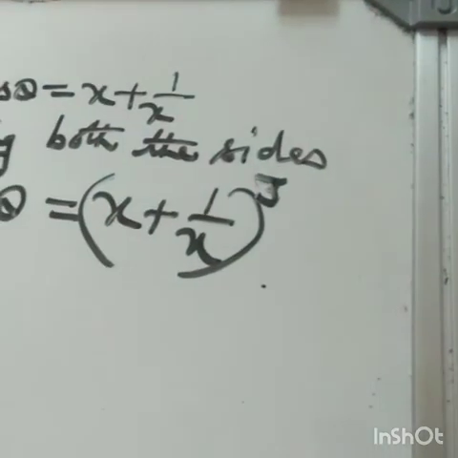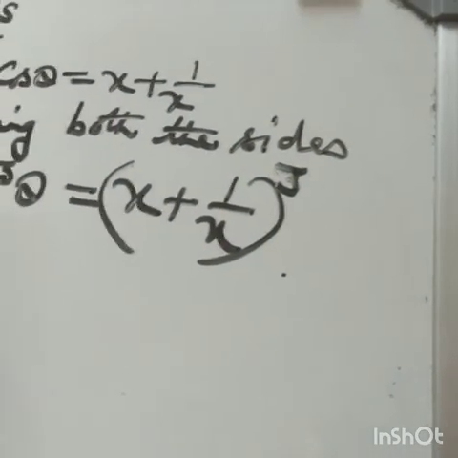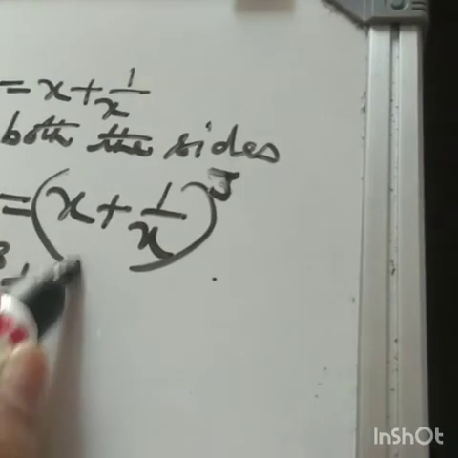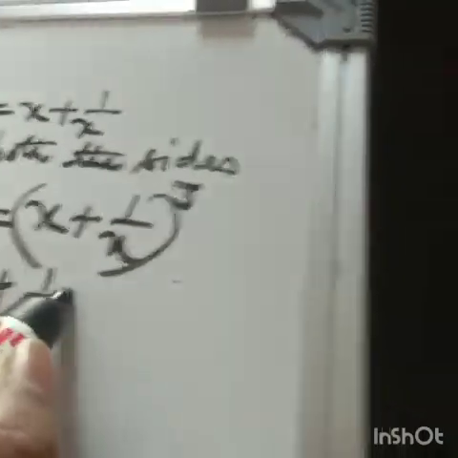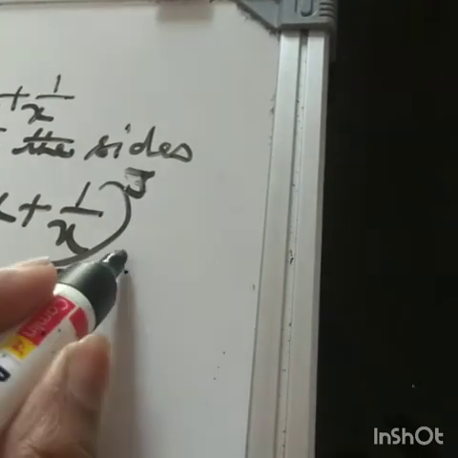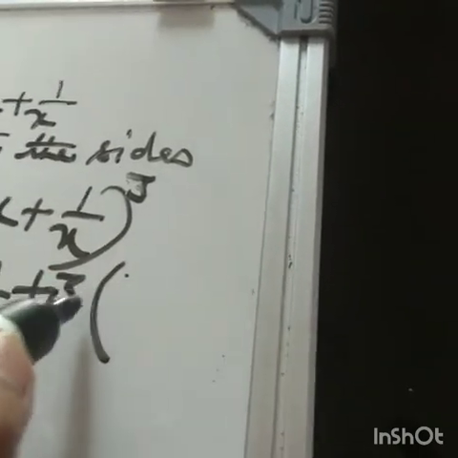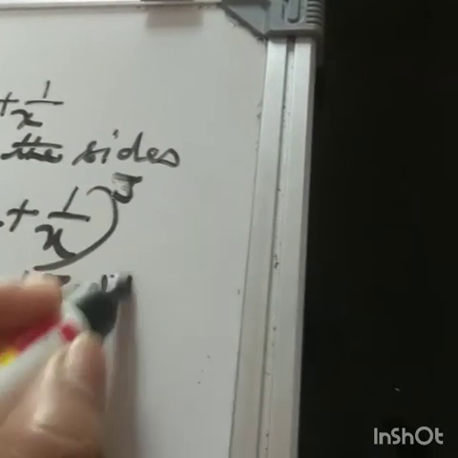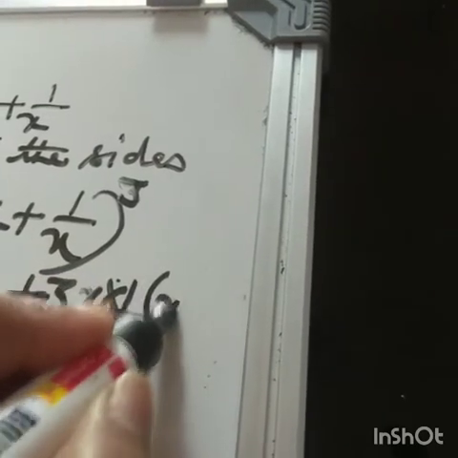Now this side you can't do anything, we will keep as it is. This side x cube plus 1 by x cube plus 3, x into 1 by x will be simply 1. Okay, I'll show you, otherwise you will have confusion. x plus 1 by x.